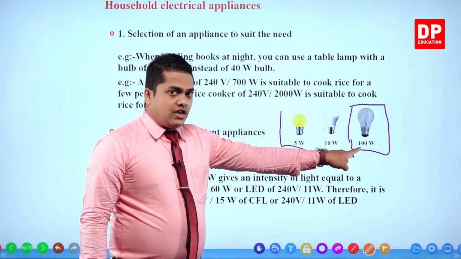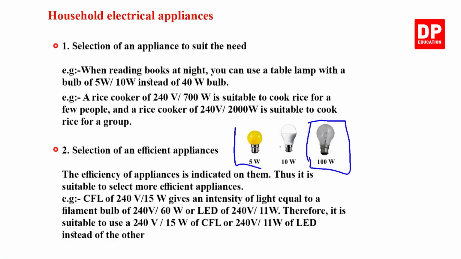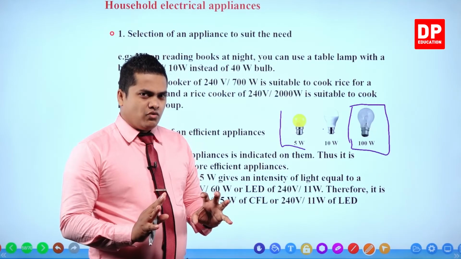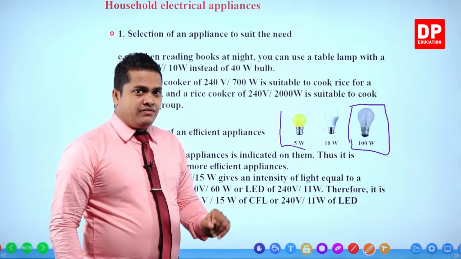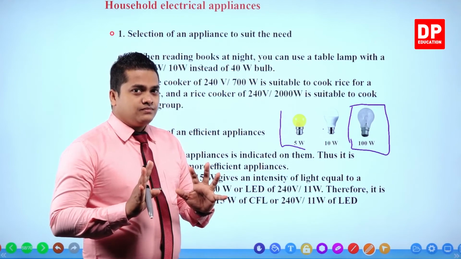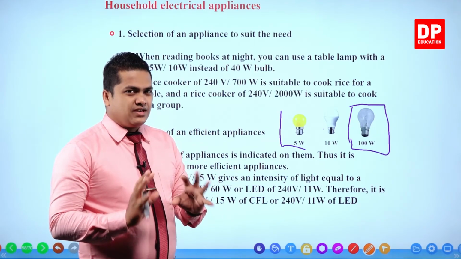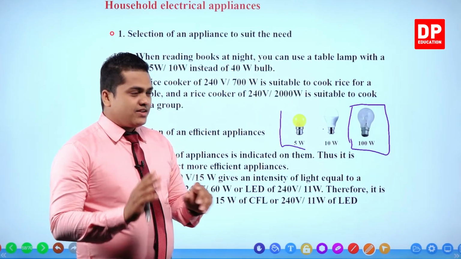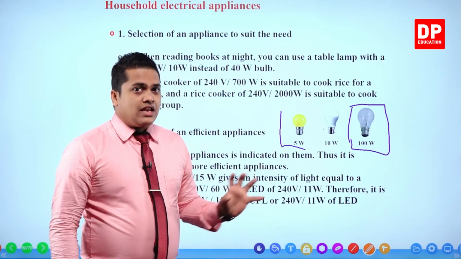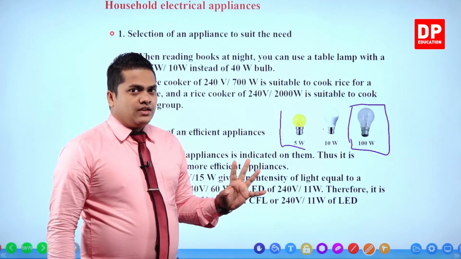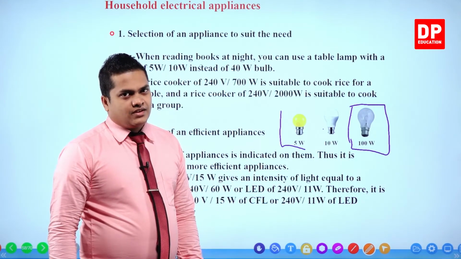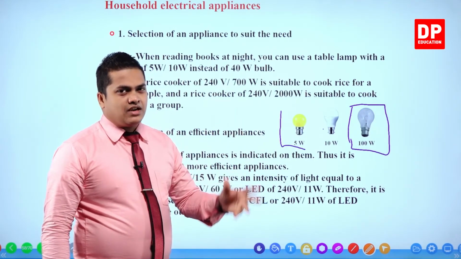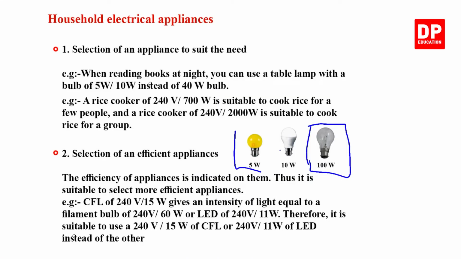If you check the 100 watt one and this one, the brightness is somewhat close to each other. That 100 watt filament bulb has only slightly greater brightness than the 10 watt LED, but their brightnesses are very close to being similar.